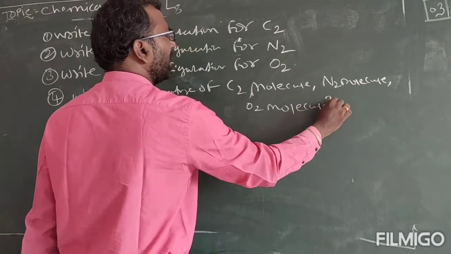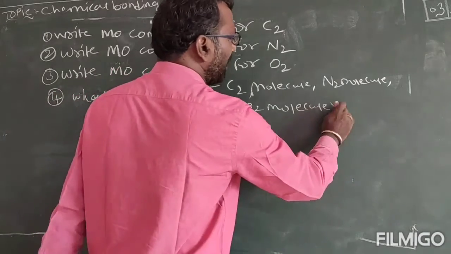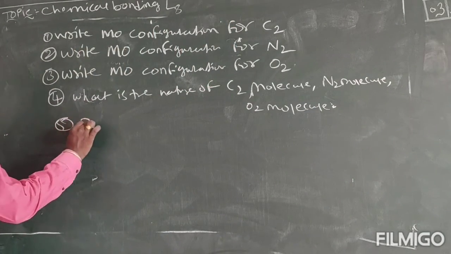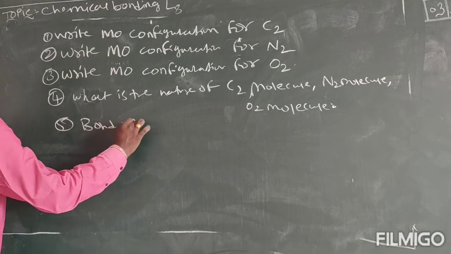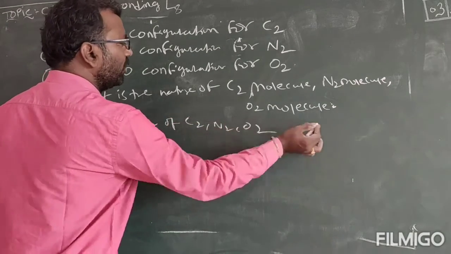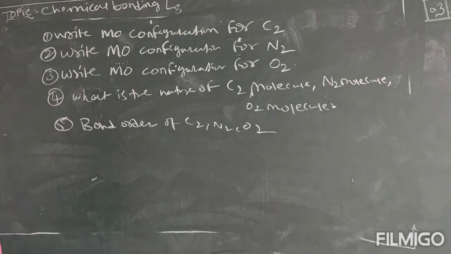It means you have to write whether it is diamagnetic or paramagnetic or ferromagnetic. And next, you have to calculate the bond order of C2, N2 and O2. Okay?